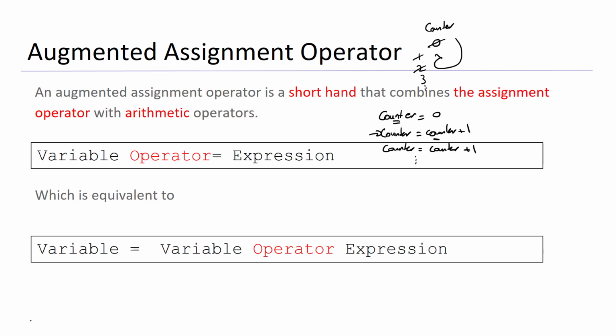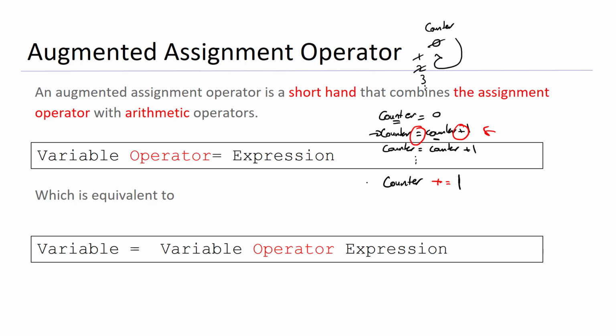Now Python has a shorthand for such statements. If you want to make a change to the variable itself, you can combine these two operators together in a shorthand. So one way to achieve this statement is by taking the variable counter and doing plus equal, adding the value 1.